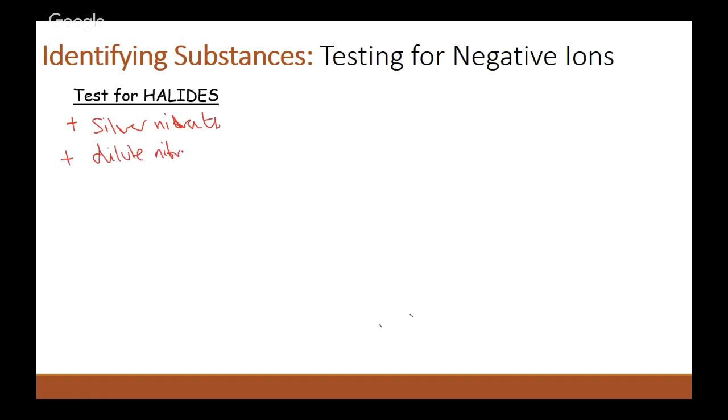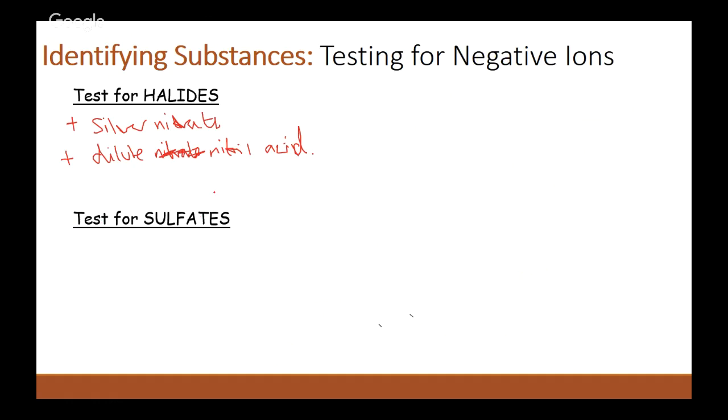So the nitrate solution and the nitric acid go together. And what you end up with, apologies again for my pen, is several different precipitates formed, which we'll discuss in just a second.